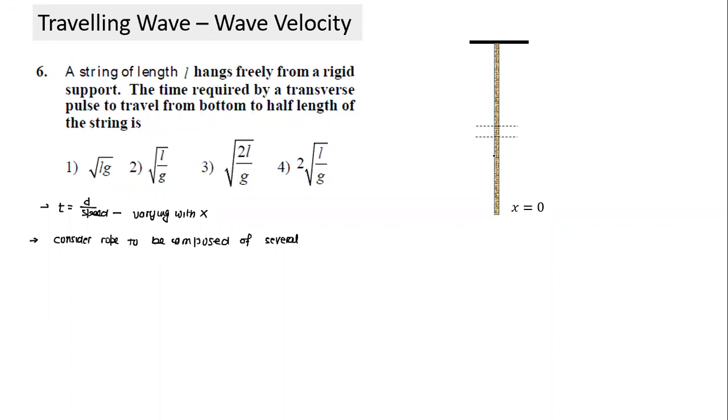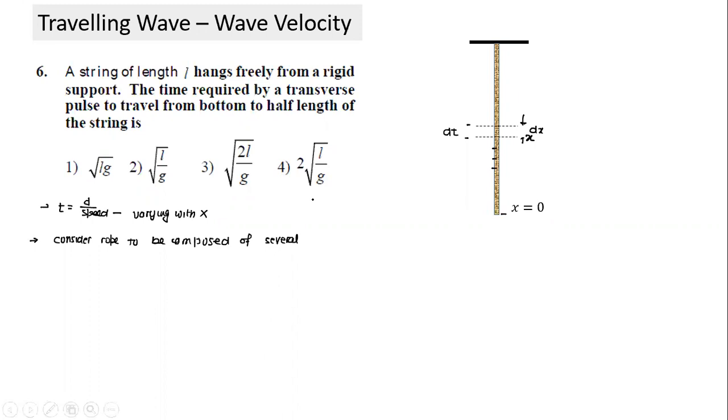So let's take a differential element and define the lower point at x equal to 0. This position is x and this element's length is dx. What we'll calculate here is how much time it takes to travel from x to x plus dx, that is, to travel length dx. Similarly, I can add it up through integration and find the total time.